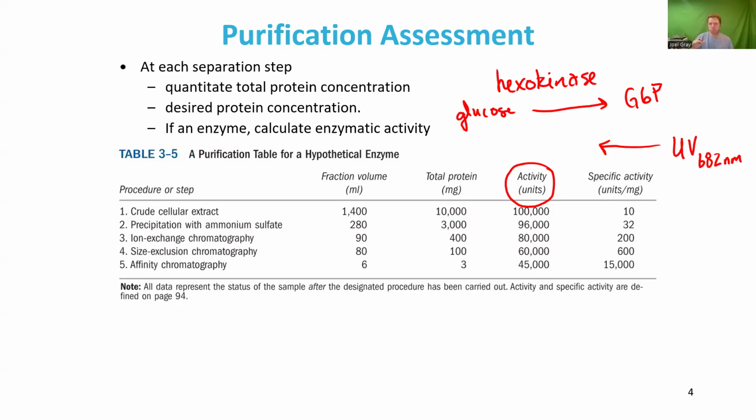I randomly came up with that number because it's within the UV range, but let's imagine that glucose 6 phosphate was able to absorb light at 682 nanometers.